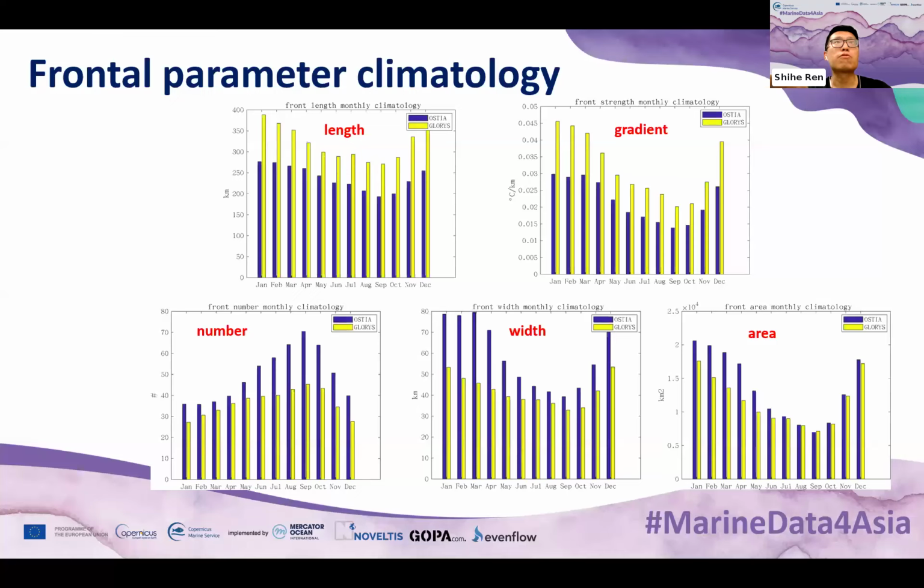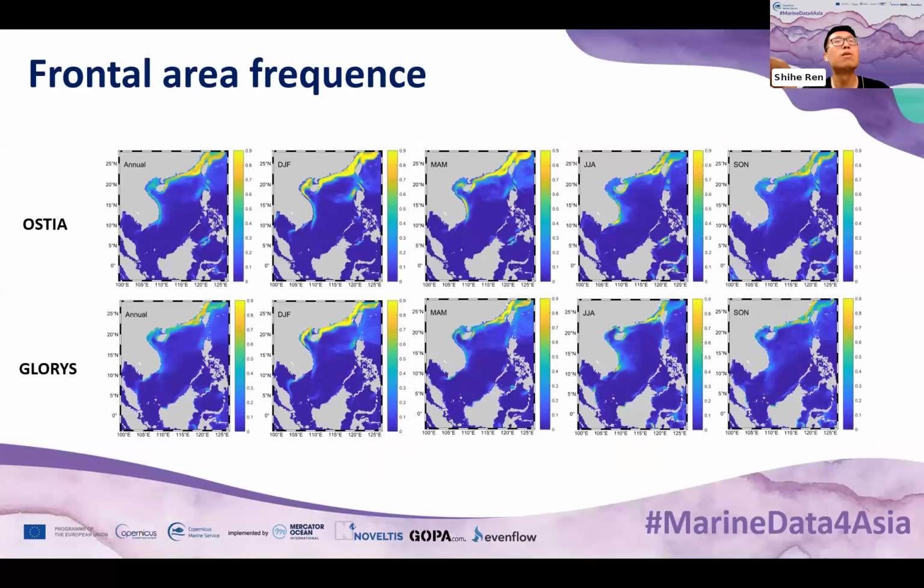In contrast, frontal lines are detected as long and continuous segments in the winter, which explains the seasonal trend of frontal numbers. Generally speaking, both the number, width, and area of AVISO are larger than GLORIES, and the length and gradient of GLORIES are longer and stronger than AVISO data.